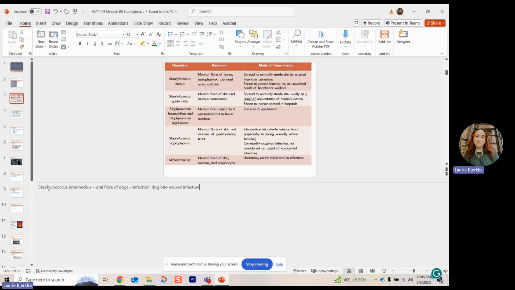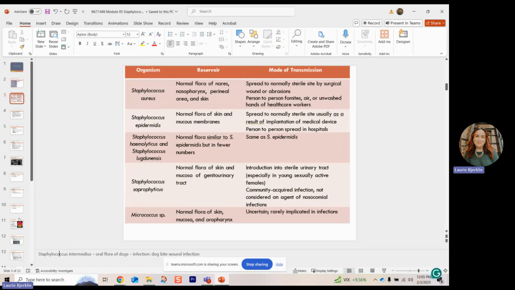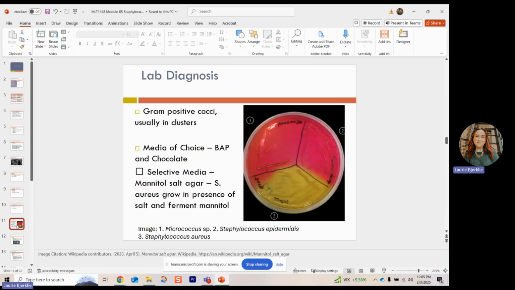So that's kind of been the big focus here. I think I do have it mentioned again in the lab testing area, but I wanted to mention it here as well, that will be one that I do want us to know, Staphylococcus intermedius. So keep that in mind, and we're going to see it again here in a little bit. So let me go back to where I was.